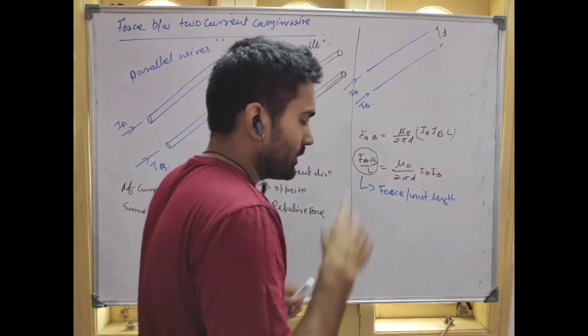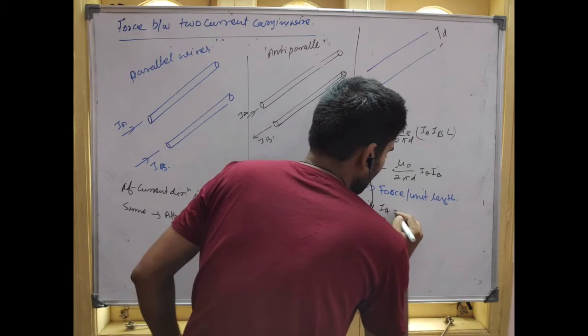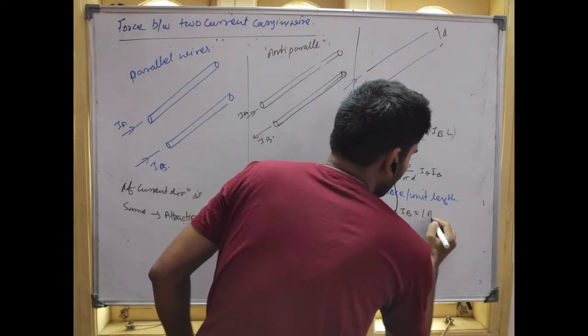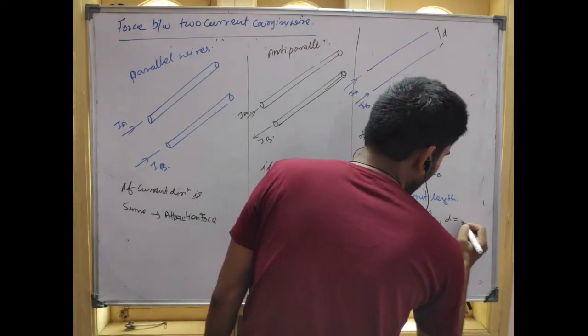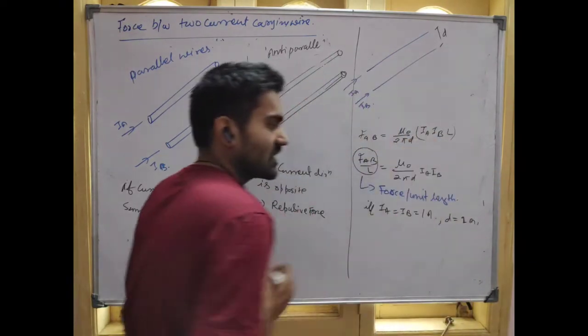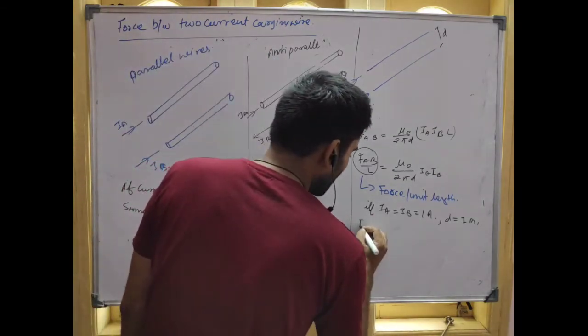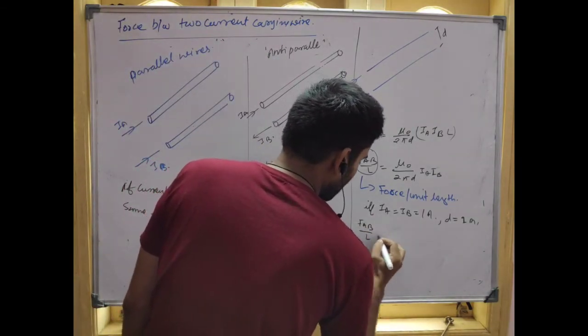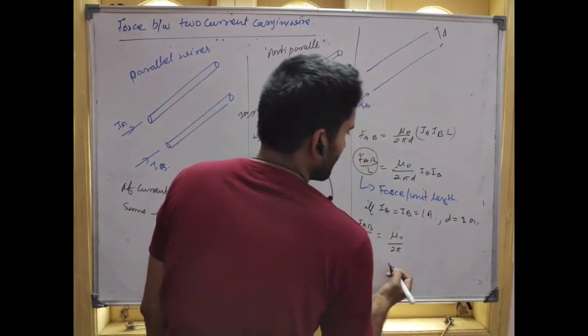Just see carefully. If I_A is equal to I_B is equal to 1 ampere, let's say, and the separation is 1 meter, can you tell me what will be F_AB by L? I think it will be mu naught by 2 pi.